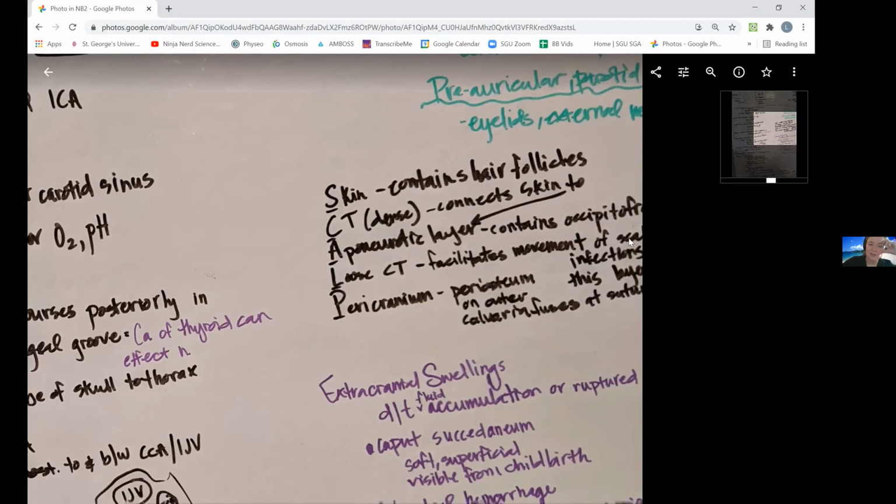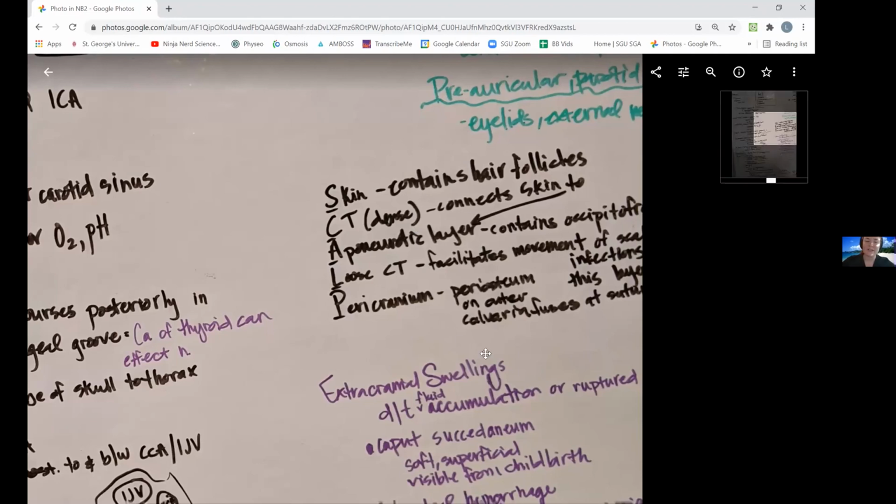Loose connective is the danger zone, and then pericranium is just the periosteum on the outer layer. So you'll have like one question over that. It's not going to be big on the exam. It wasn't big for us, honestly.